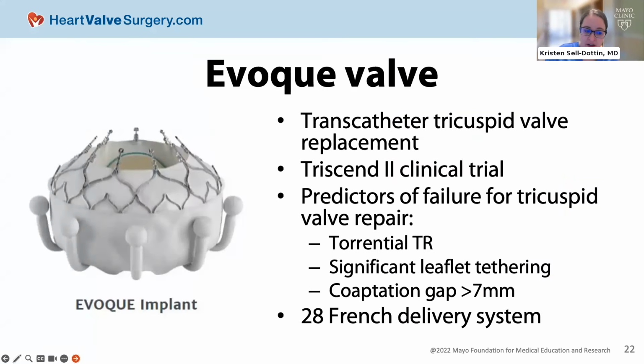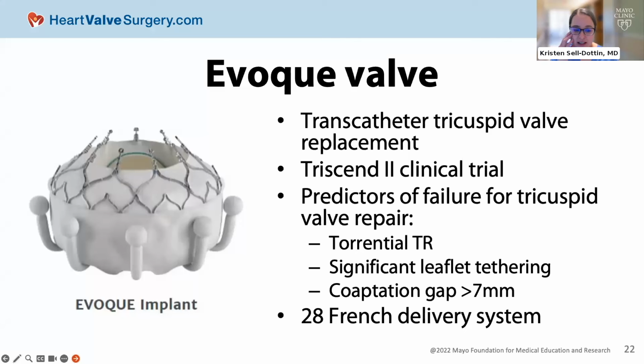The Evoque valve, I've chosen this as the one transcatheter TVR for us to discuss, as it's been one of the more commonly used ones, and we've had some really nice success in this trial. It would be part of the TRISCEND 2 clinical trial.